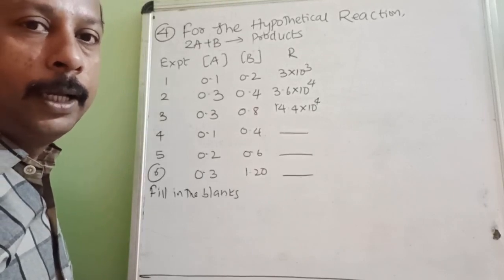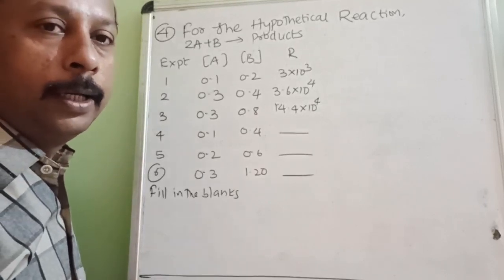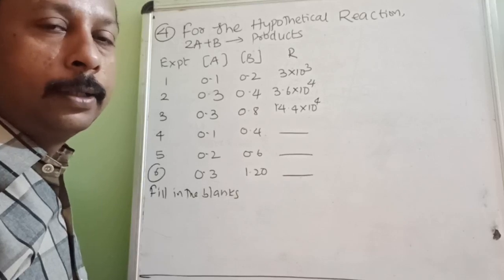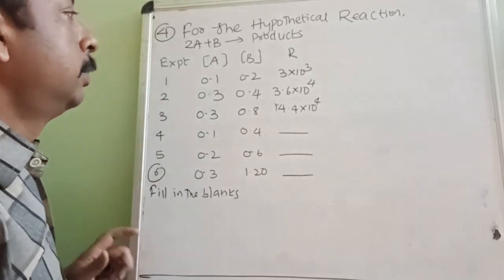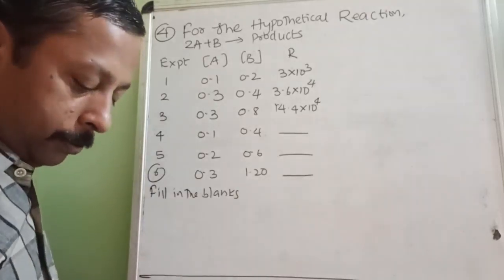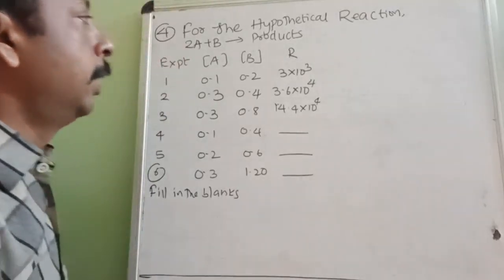If you feel like it, pause the video and start solving, then check with my solution whether it is correct or not. Let's solve. Here three experiments are already given.